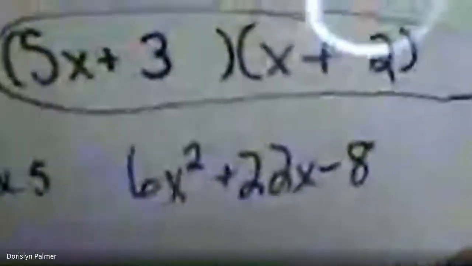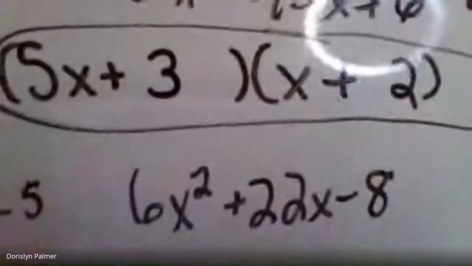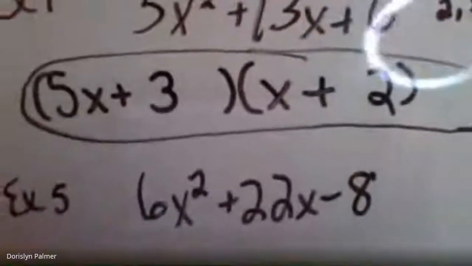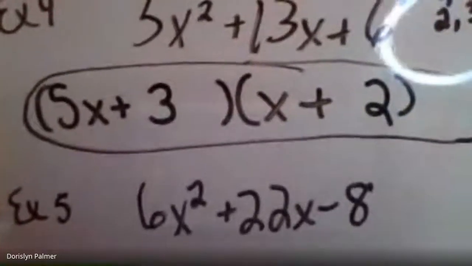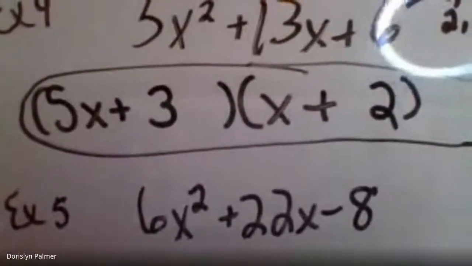All right. Example 5. 6x squared plus 22x minus 8. Is there anything we can factor out of that before we start? Let's see. Who do I need to hear from?